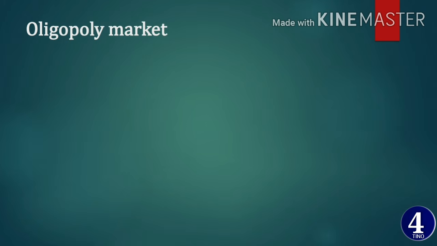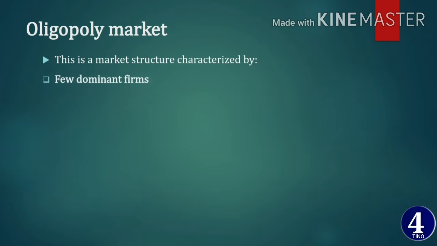Oligopoly market structure is where the market is characterized by few dominant firms. In the perfect competitive market, we have seen that we have many sellers. In the monopoly market, we have seen one seller.